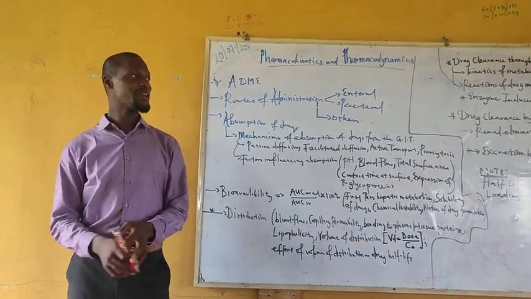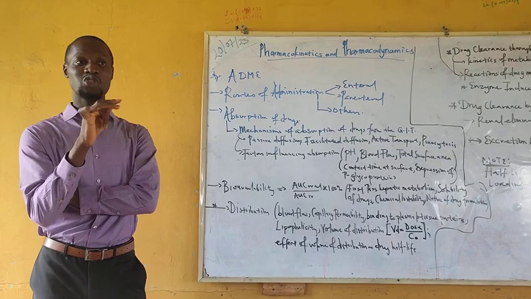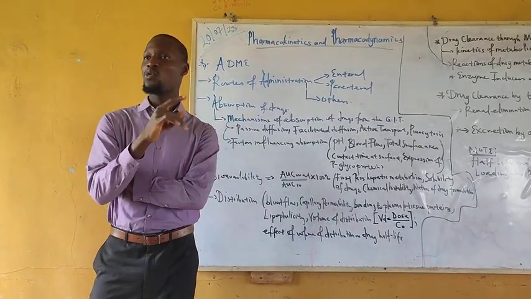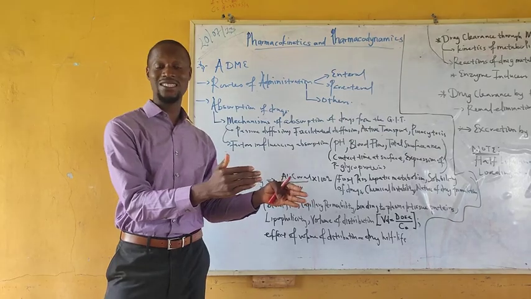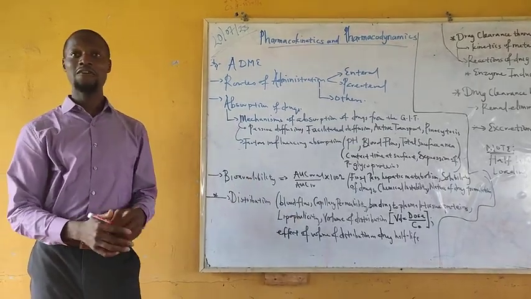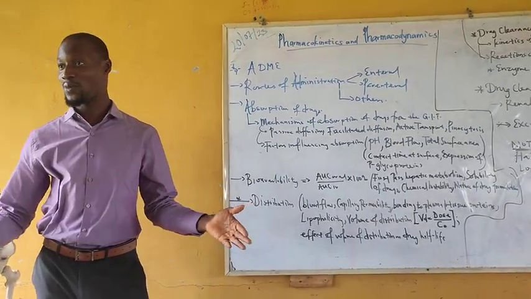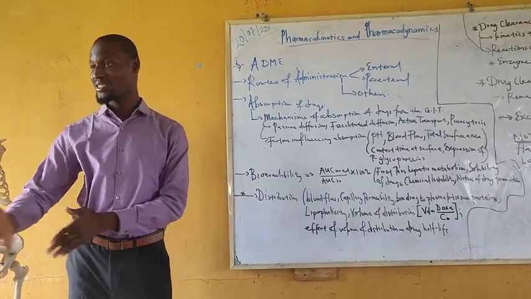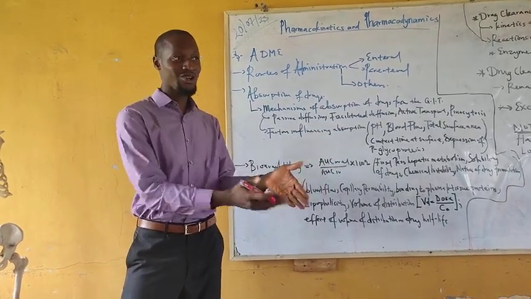Because if you give a drug via the intramuscular route, you have introduced the drug into a muscle, and the drug will be moved out of there based on the blood supply to that muscle. If you introduce a drug into a muscle or tissue that has a large blood supply, the drug will be cleared quickly into the systemic circulation. So the goal of introducing a drug is for the drug to end up where?